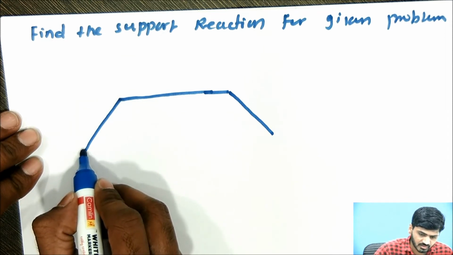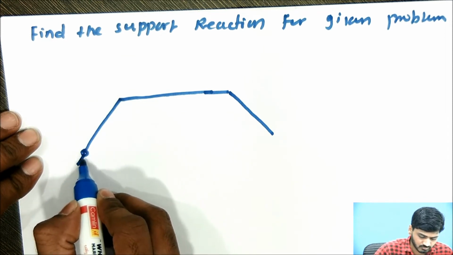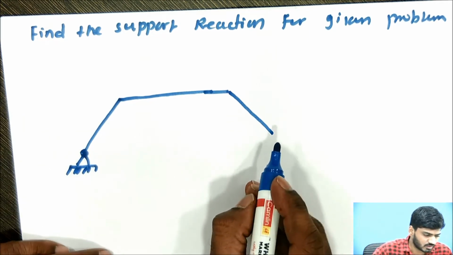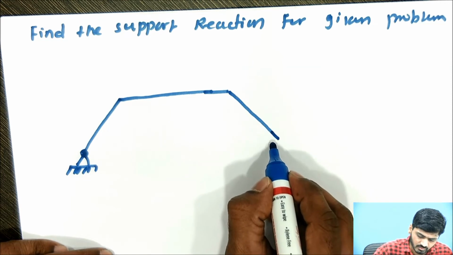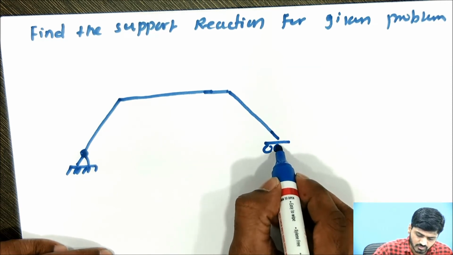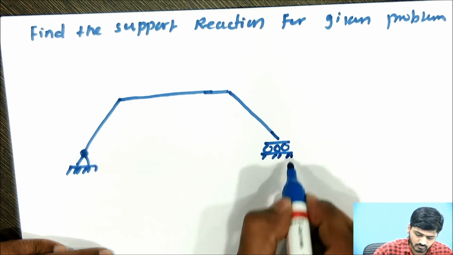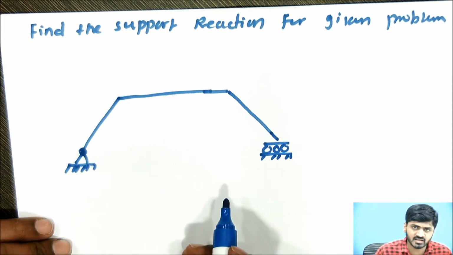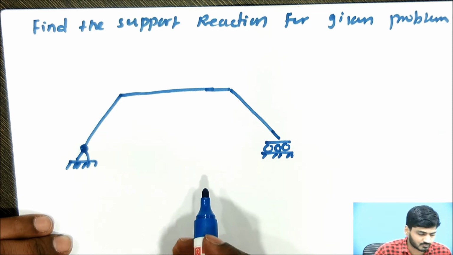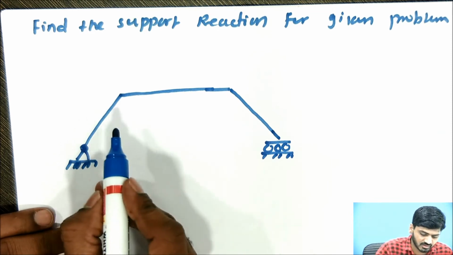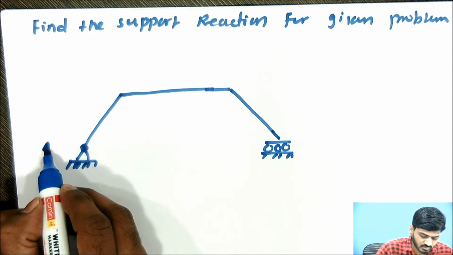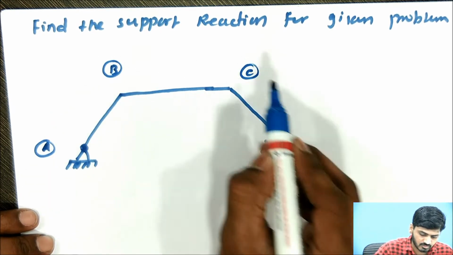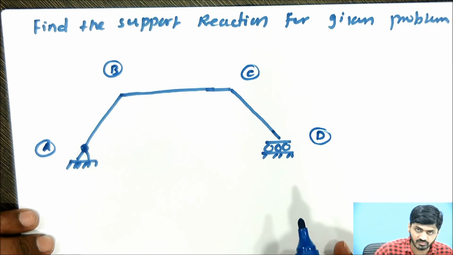We are considering a hinge here. Next, we are considering a roller support. Next, a lot of properties are there regarding the beam. That's what we are considering here. This is your A, this is B, joint C, and D is there.